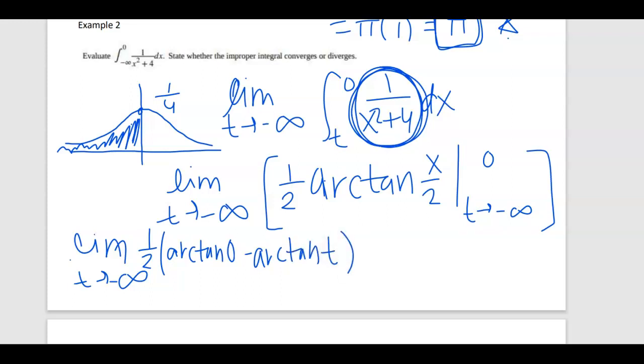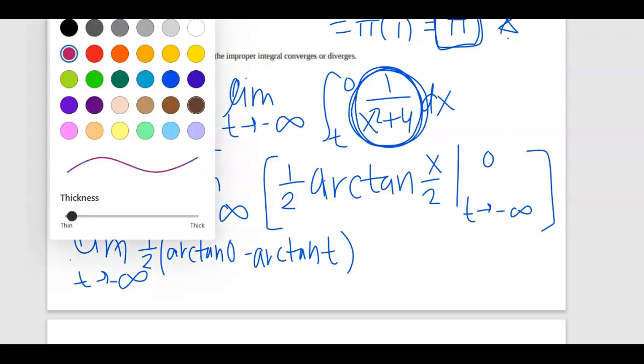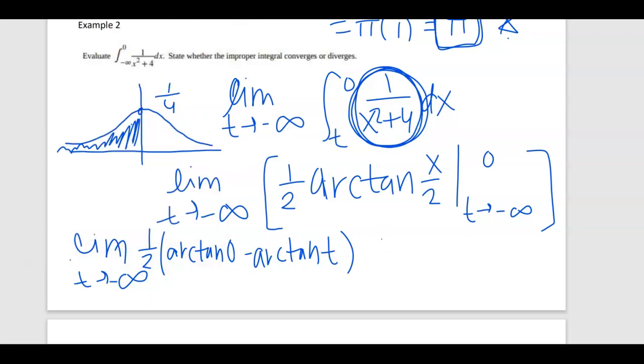All right, let's remind ourselves what the arctan function looks like. The arctan function, as x goes to infinity and negative infinity, has horizontal asymptotes at negative pi over 2 down here and pi over 2 up here. So I'm going to evaluate arctan of 0, which is 0.